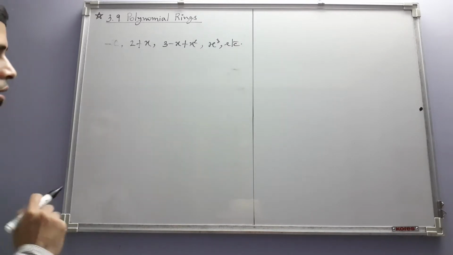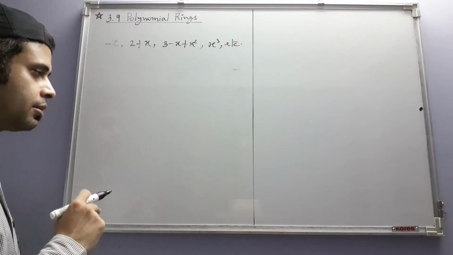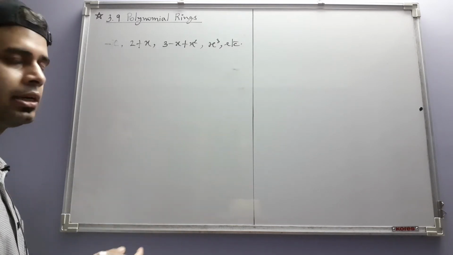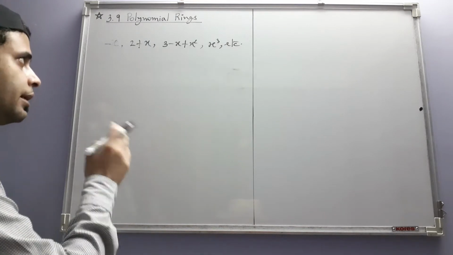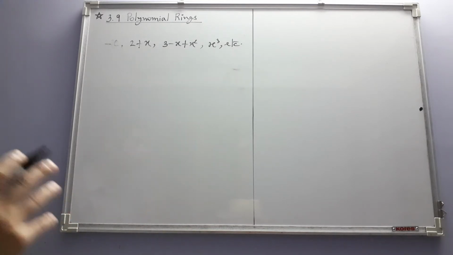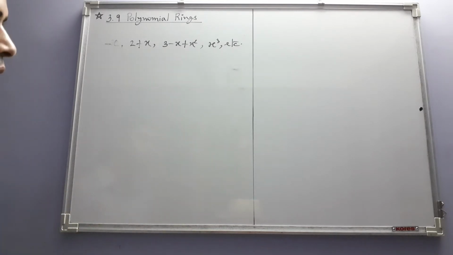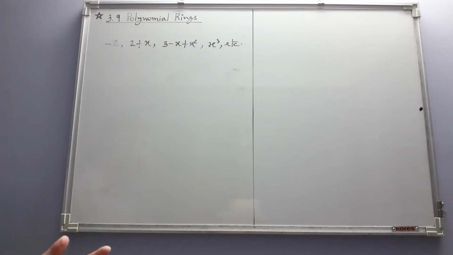Then somewhat later in our mathematical studies, at college level, we again encountered polynomials, but now the polynomials appeared as functions, and we wanted to know their values, their maximum and minimum values. We came across the fact that polynomials are always continuous functions.